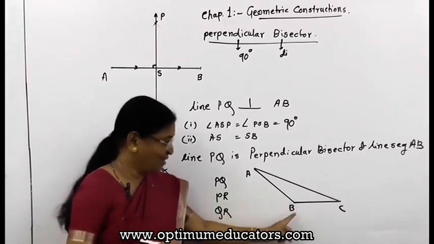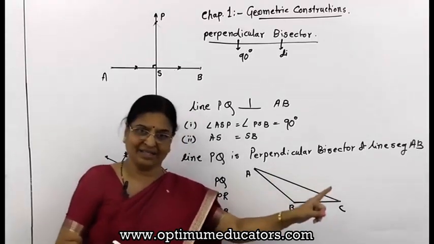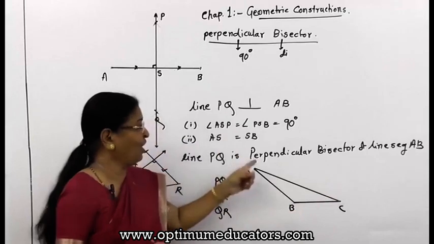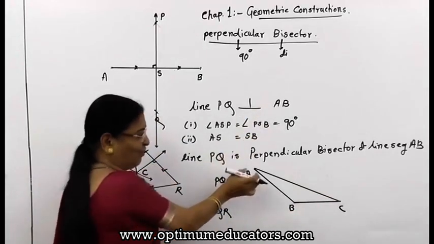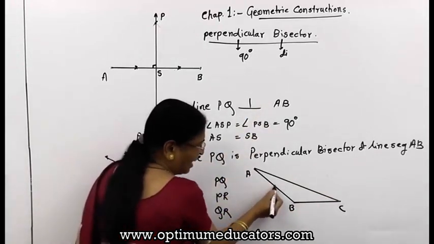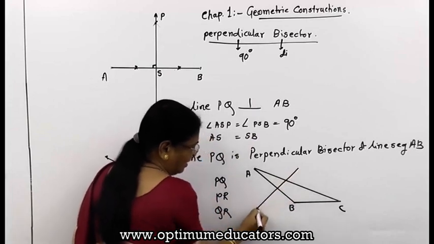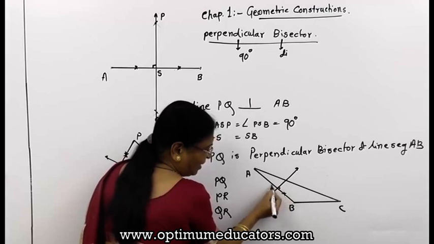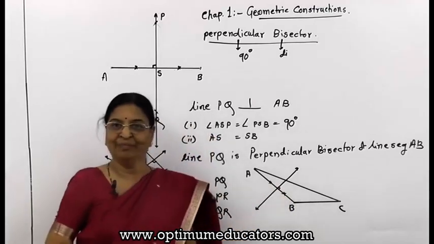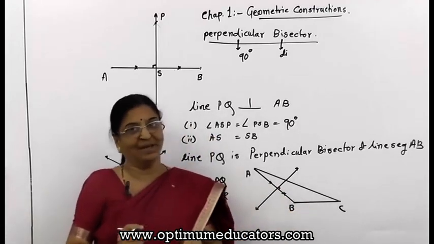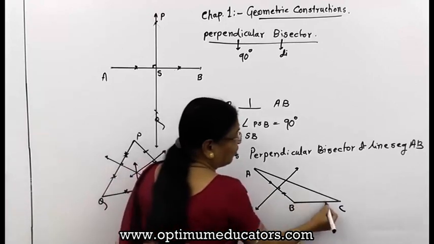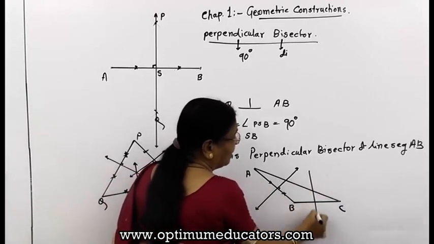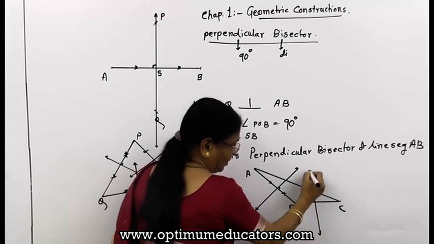AB, BC and AC. So try to draw the perpendicular bisector. Of course, take the compass, and here you can see a perpendicular. Of course, mark it with perpendicular and equal signs.